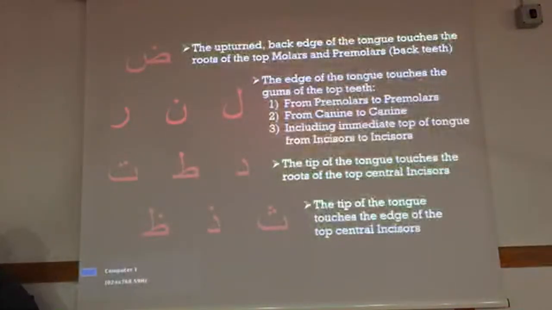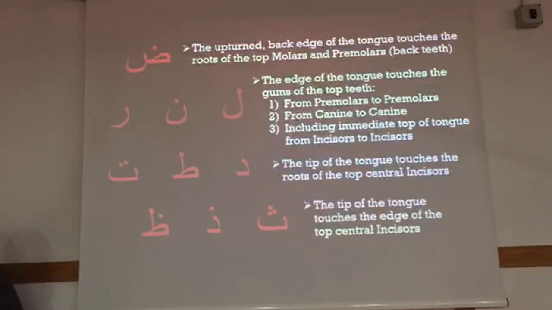Tha, va, and tha. Excellent. One more time, and really smile and say it. Tha, va, and tha. Excellent. That's where the makhraj of these three letters comes from, the tongue biting letters. Just remember that you have to bite your tongue when you say these letters.